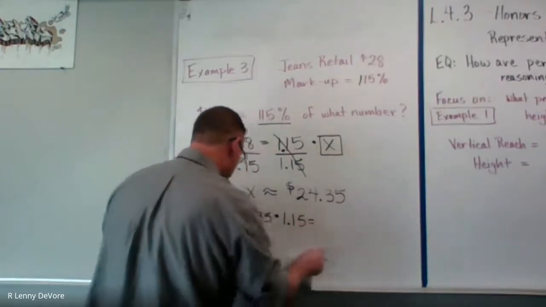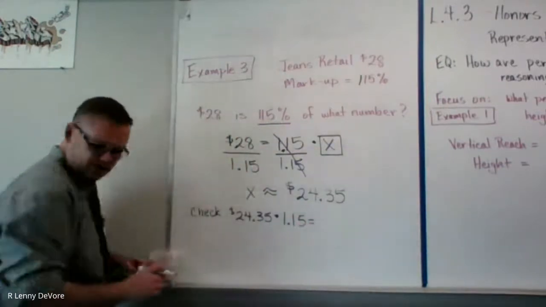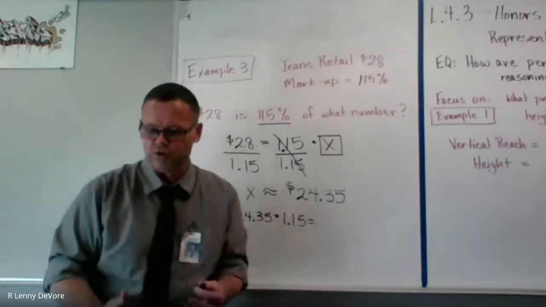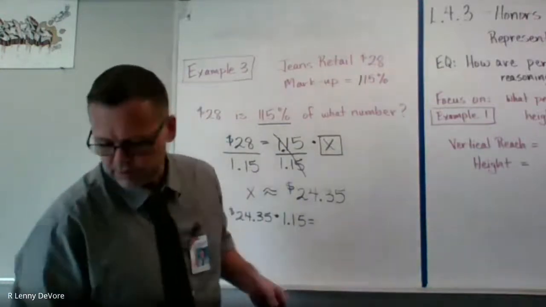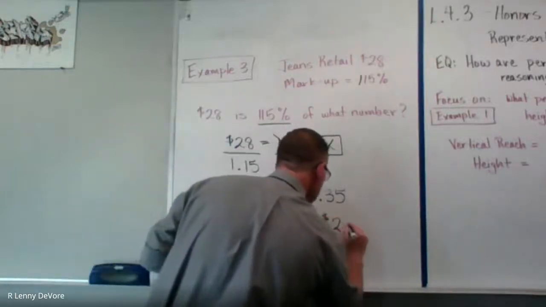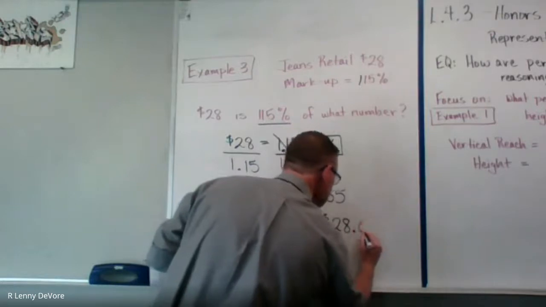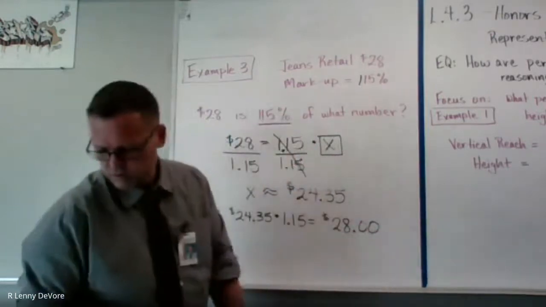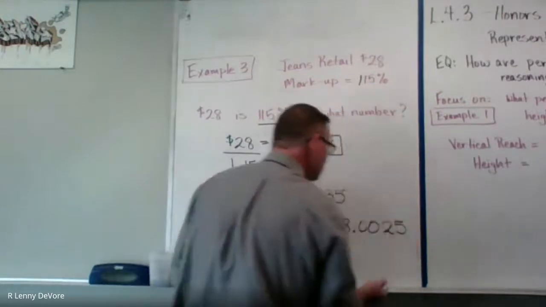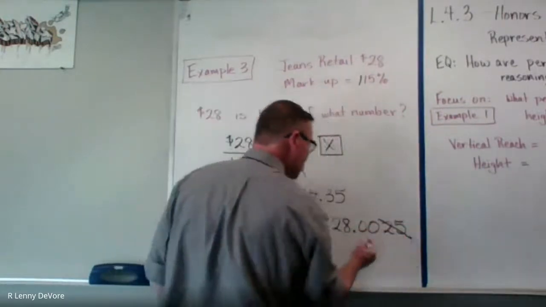Now, when I do that, what I get is, and it's a little bit off, that's why I was kind of surprised they did this, because you think they'd work with even numbers to show you an example. But that's why I wanted to go over this. You come up with 28.0025. So if we round this, it ends up being $28.